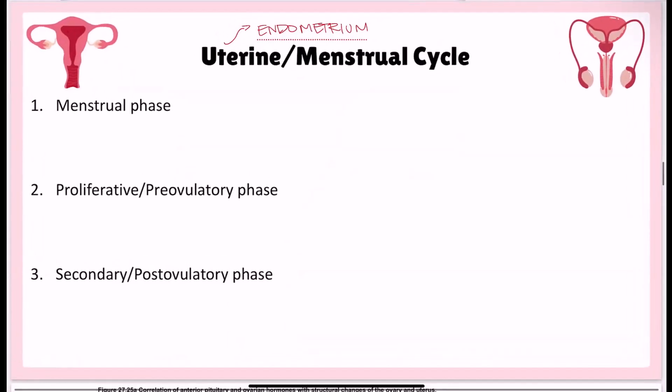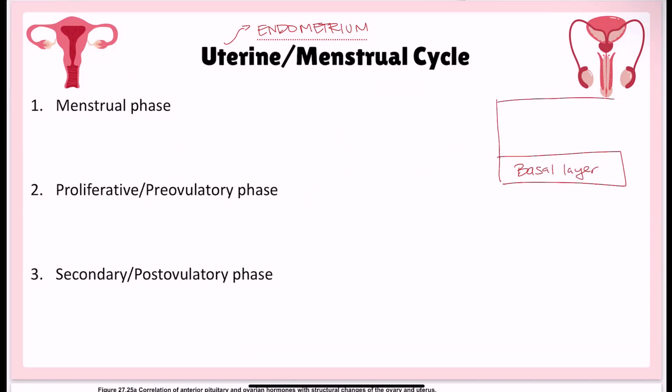We have to remember that the endometrium consists of two layers. We have the basal layer, and we also have the functional layer. The functional layer is the one that can get shed during the process of menstruation, and that's what happens during the menstrual phase.